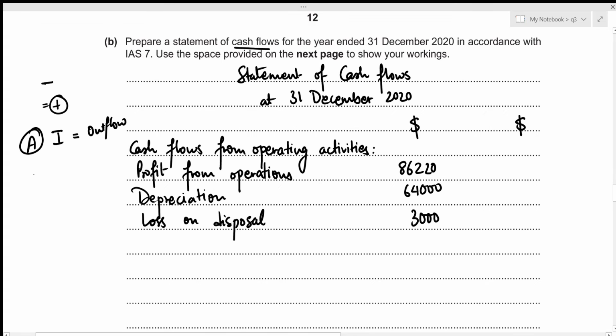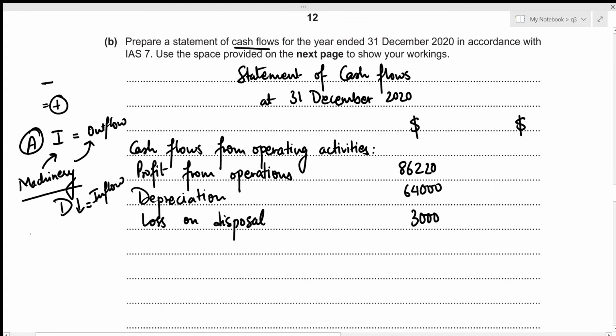If we are to purchase any new machinery, right? So that machinery purchase would definitely increase the value of machinery, right? But in order to purchase this machinery, we also have to pay the amount, which results in a cash outflow. So whenever there is an increment in assets, that results in a cash outflow. But if there is a decrement, that is an inflow in case of assets.